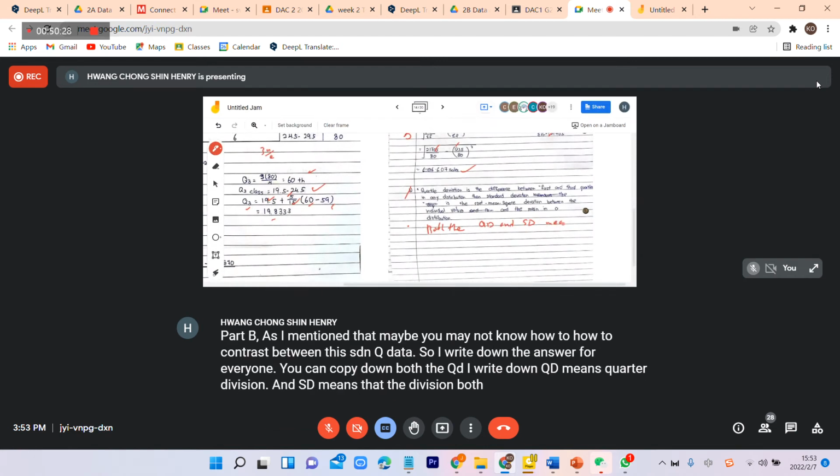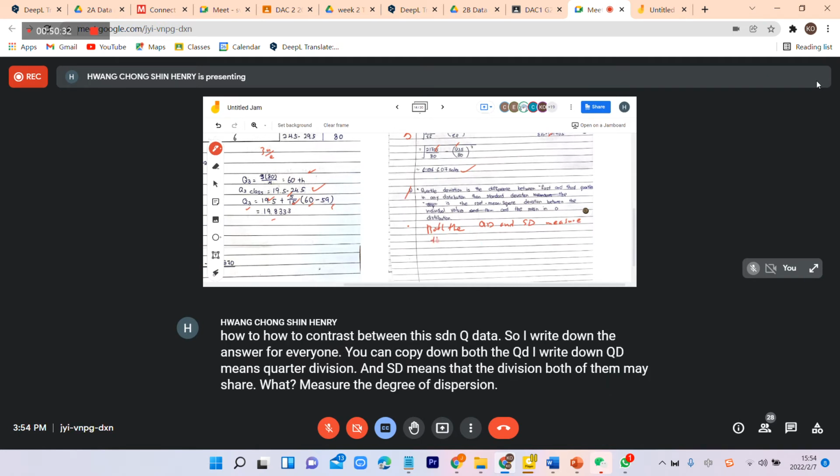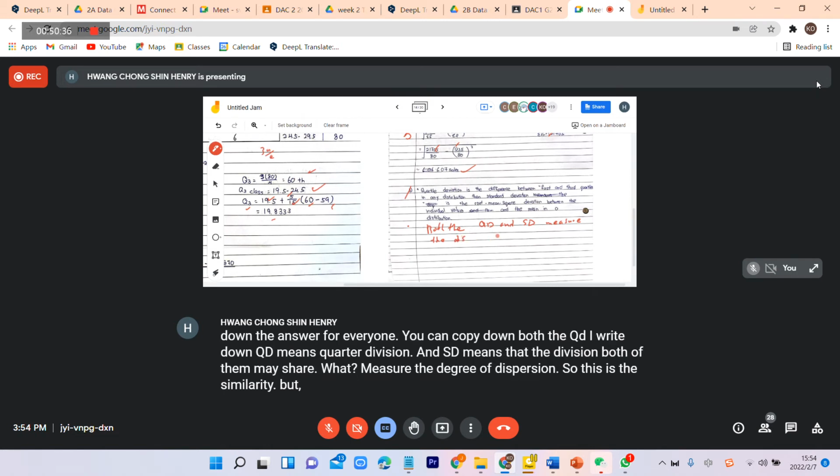Both of them measure what? They measure the degree of dispersion. So this is the similarity: they measure the dispersion degree in a data set.